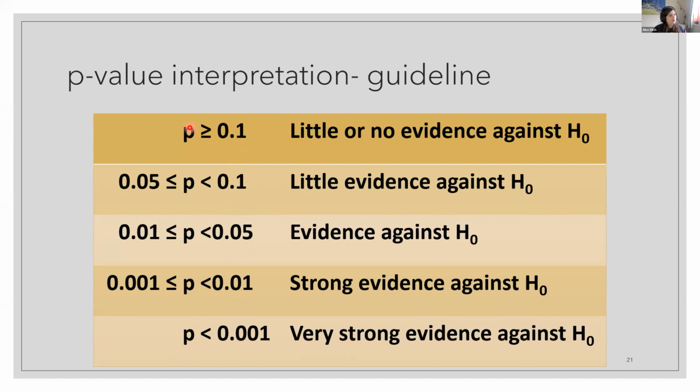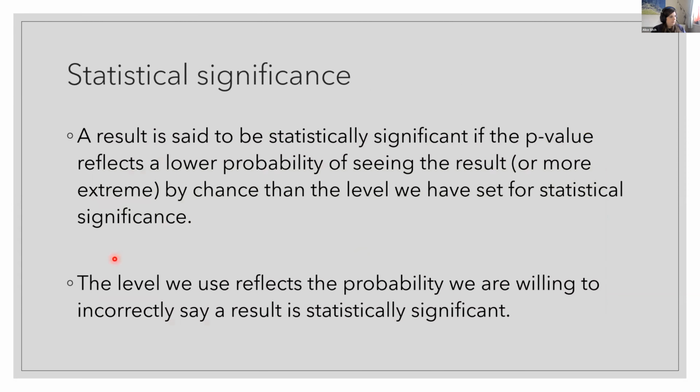So at the point where it's a 10% chance or more that you'd see that result or more extreme under the null hypothesis, then we're not as convinced that that null hypothesis couldn't be correct. Okay, so please do think about your p-values on the whole scale. It's not all about this magic cut point, and the smaller that p-value goes, the stronger the evidence is that the null hypothesis isn't true. Okay.